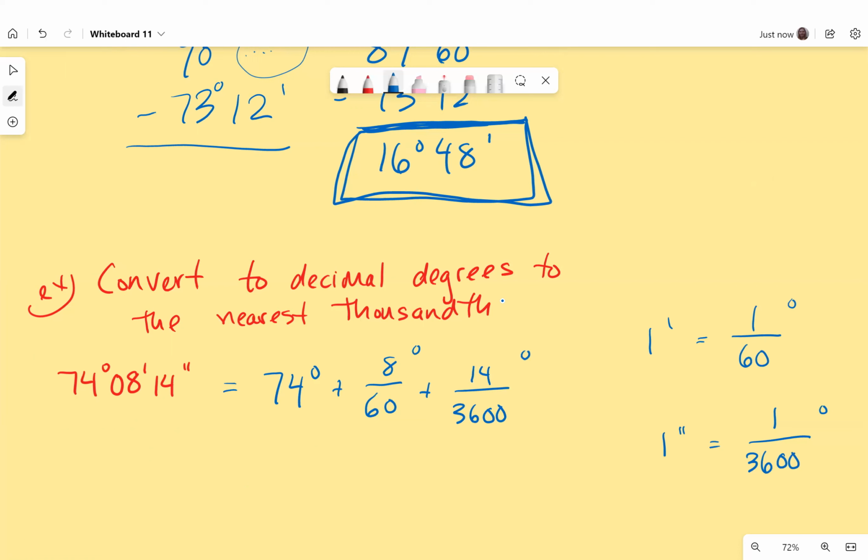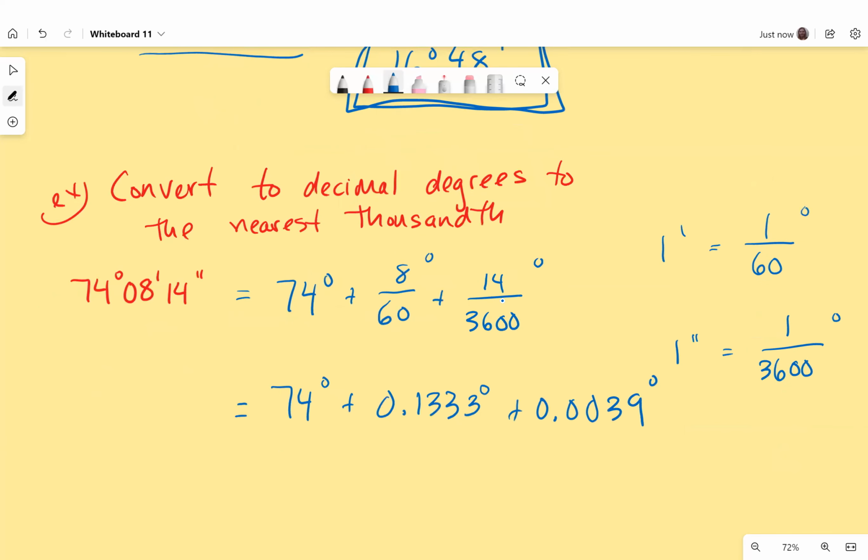And we don't really have to worry about a common denominator if I change both of these into decimals. So I'd have 74 degrees plus, this becomes 0.1333, and this one becomes 0.0039 degrees.